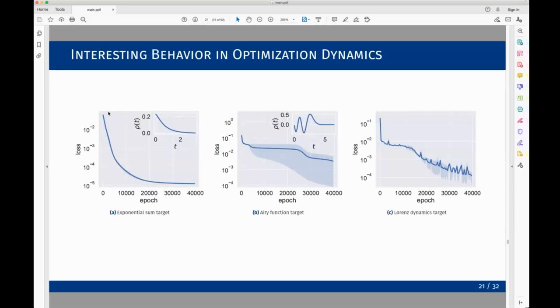And you can see if we apply gradient descent, the loss function decays very nicely. In the second example, we specify our density rho t as an Airy function. It is oscillatory at the beginning and finally gets saturated, going to 0 at larger times. Interestingly, given this kind of true functional, our learning becomes much more difficult.